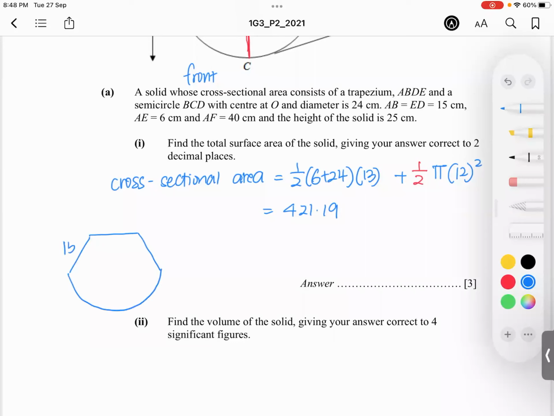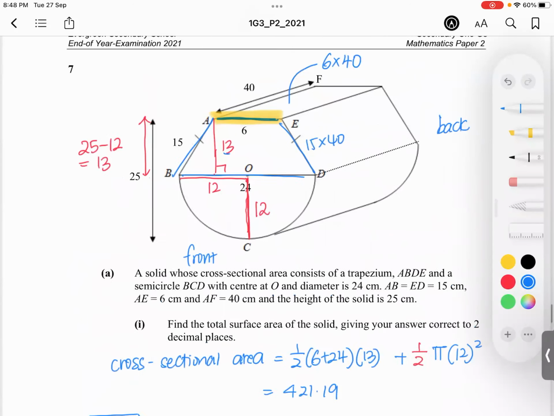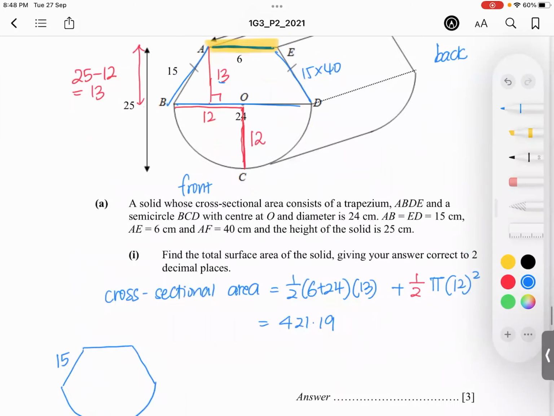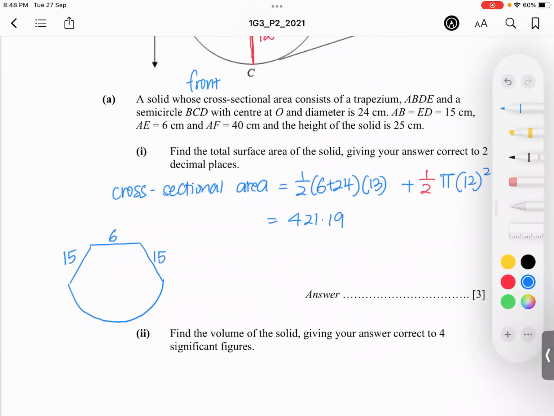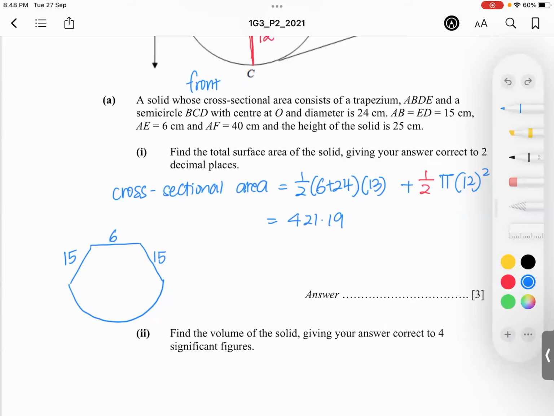So this portion here is given by 15 cm. This is given by 6. This is given by 15. Question, is the 24 cm included on the surface? No, that's just for our visualization. Yes, correct, it's not included, it's being merged together. So what is exactly on the surface?